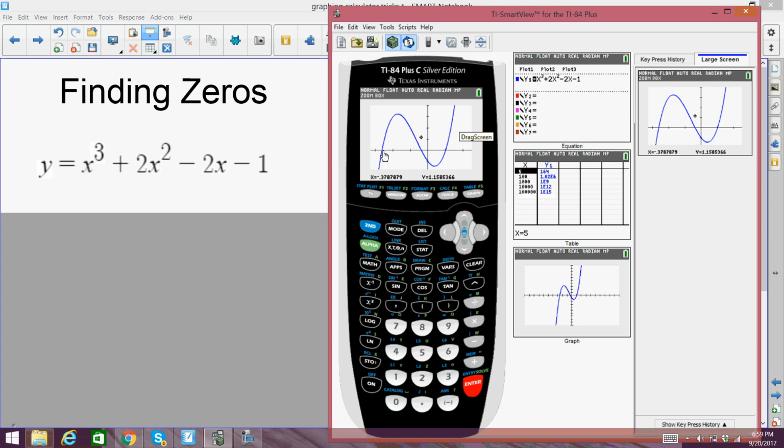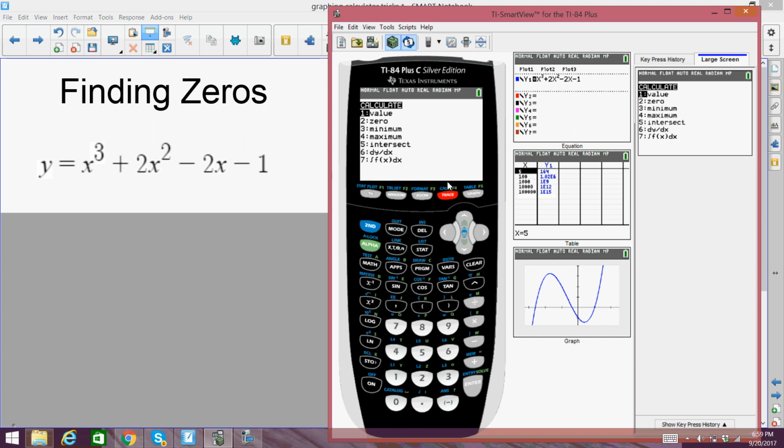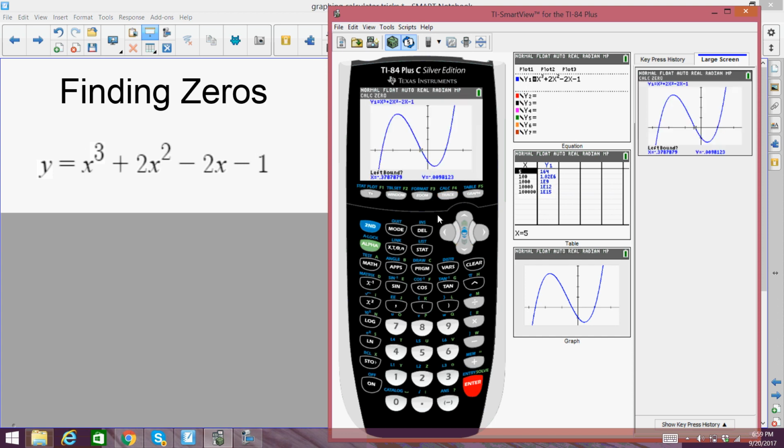If we want to find this zero here, we're going to go to Second Calc again, and go down to zero because we're looking for a zero. It's going to ask us for a left bound and a right bound again. So we bring our spider to the x values to the left of this zero and hit enter.